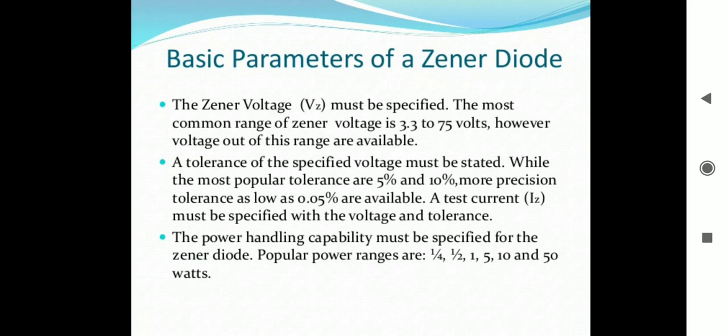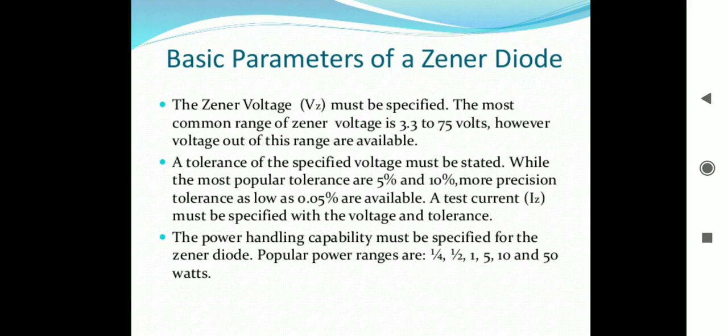A current limiting resistor should be connected in series with the Zener diode to protect it against damage due to excessive heating. The breakdown voltage in the avalanche breakdown increases with increase in the junction temperature.